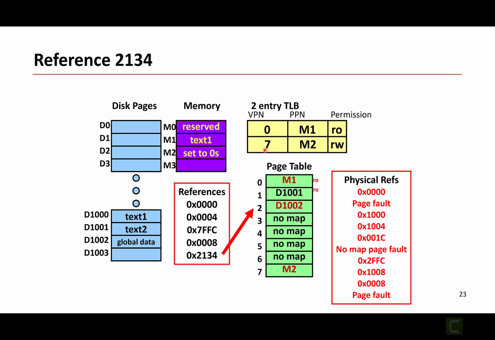So according to LRU, I would have to evict the virtual page number 7's entry and replace it with the one that I just accessed. And then this was allocated to the physical page number 3. So 3 followed by page offset is my physical address that I accessed.